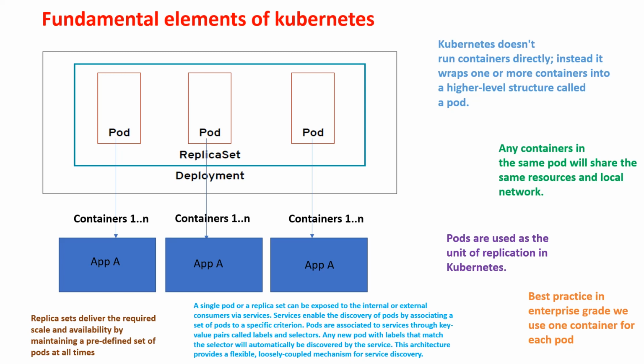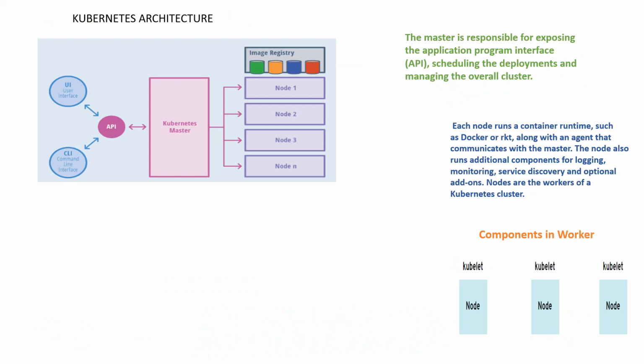So these are the fundamental blocks and elements of Kubernetes in the worker nodes and some master node pieces. Now let me come to the high level Kubernetes architecture. Basically, Kubernetes architecture means there are two pieces: a master node and a worker node.